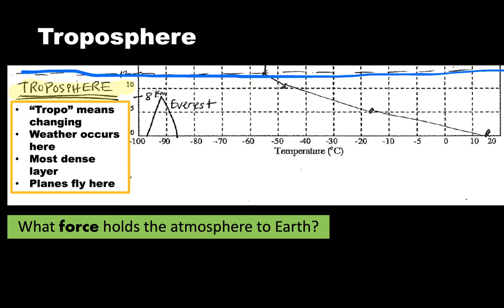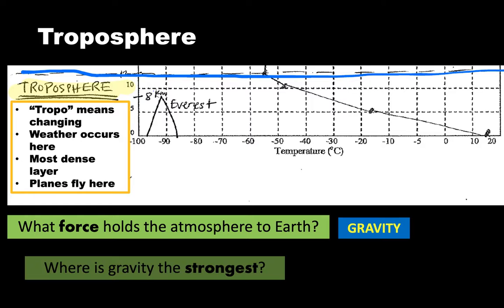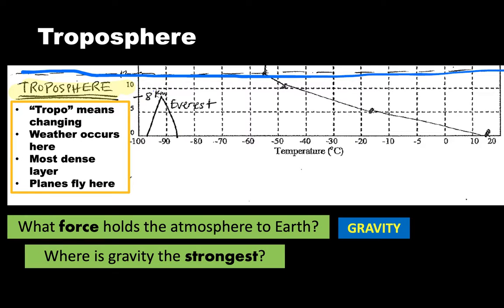So what force actually holds the atmosphere to Earth's surface and doesn't let it fly away? Well, my friend, it's the same force that holds you here and doesn't let you fly away. It's gravity. So then think about this. Where is gravity going to be the strongest in our atmosphere? You got it, right here at Earth's surface.